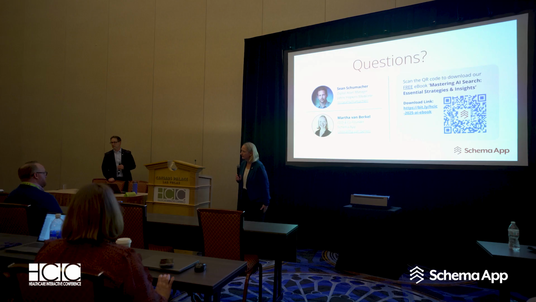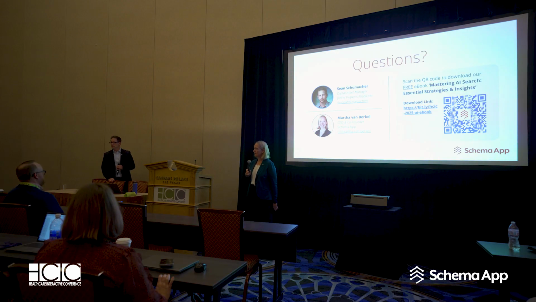Is there a locational or regional qualifier in the schema, so that AI would use it to come up with an answer based on where you're at? Yeah, so is there a regional element to schema? Schema can help describe a location. Let's say it's a hospital or clinic and you're describing where it is. We have seen it help AI understand and then answer questions in the local or near me context.